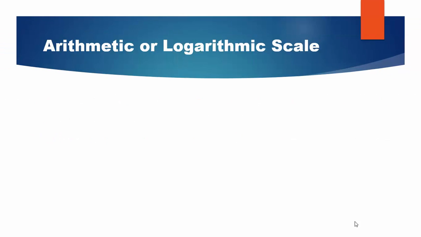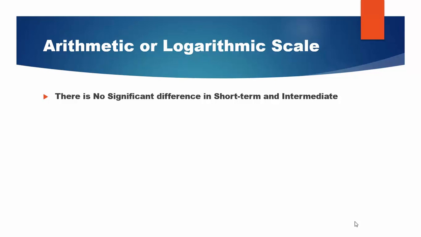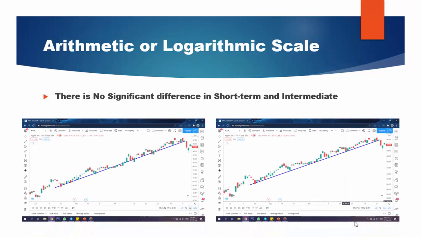In previous videos, we talked about short-term and intermediate trend lines, but we didn't mention arithmetic or logarithmic scales, because we believe in short-term or intermediate vision, it doesn't matter which scale you're going to use, because the result is the same. For example, look at these two pictures.